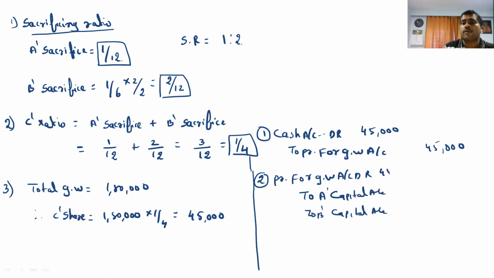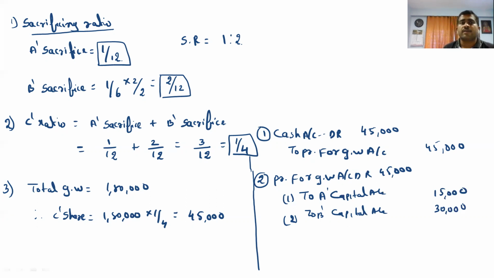Here it comes 45,000. And what is the ratio? Ratio is 1:2. So calculate that 45,000 into 1 divided by 3. It comes to 15,000. And here it comes to 30,000. So that is clear now.